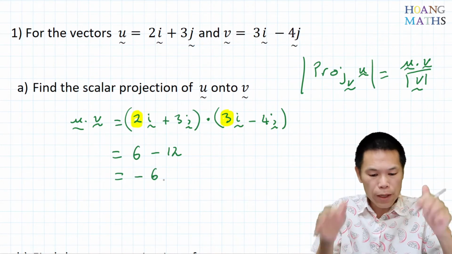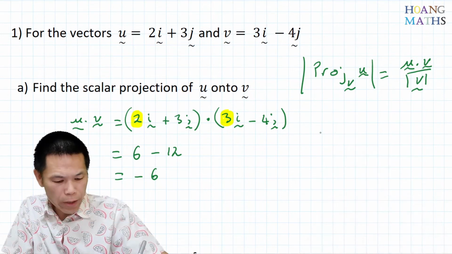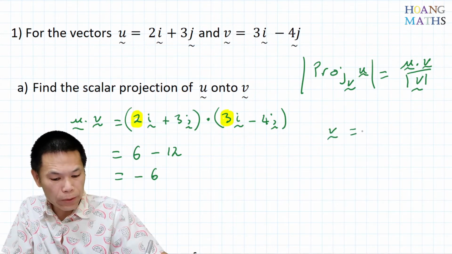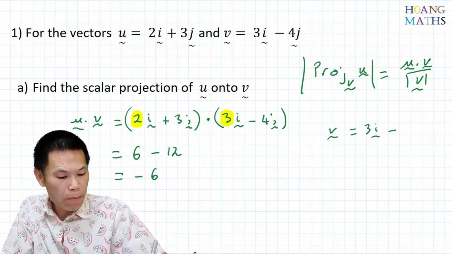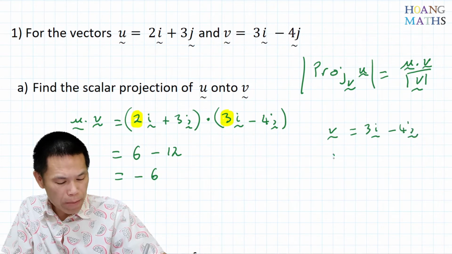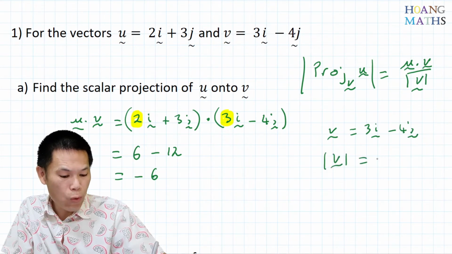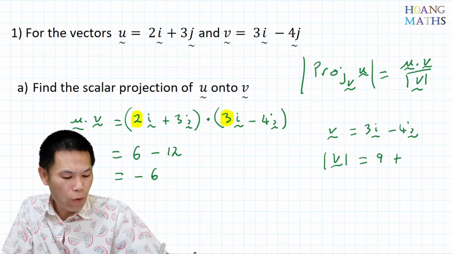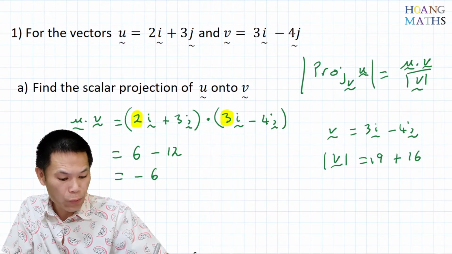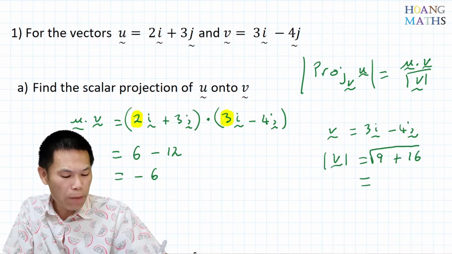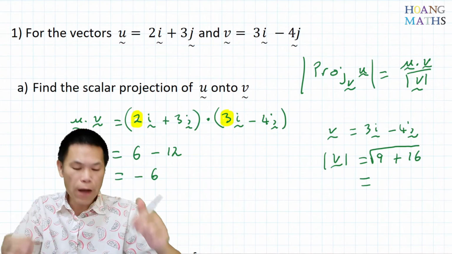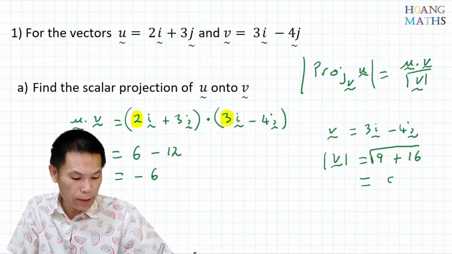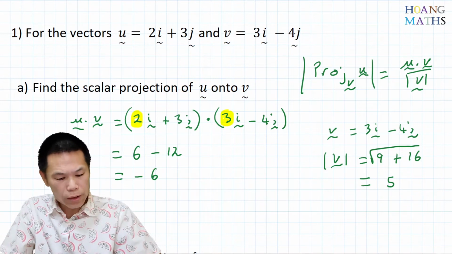Now we just need to find the magnitude of v. We have v equal to 3i minus 4j. The magnitude of this is 3 squared, which is 9, plus 4 squared, which is 16, square root of that, of course. 9 plus 16 is 25, and the square root of that is 5. Now we just substitute this value in.